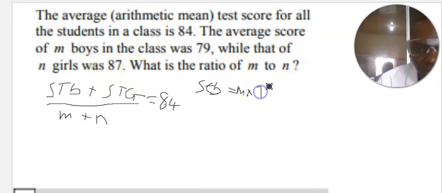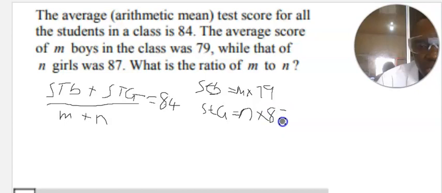Because we know that mean is the sum over the total number. So XTG, which is the sum of test score for girls, is equal to N times 87. I don't want to write long sentences, that's why I'm using this.